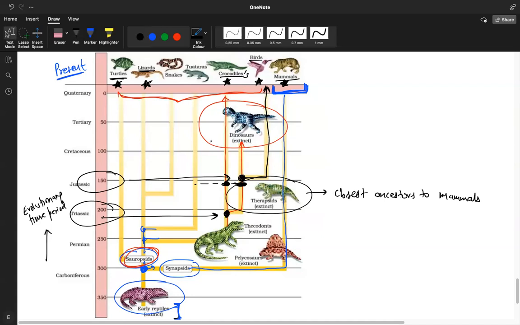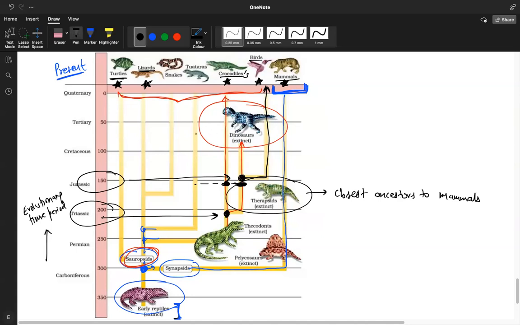Humans and chimpanzees both are mammals. Humans and rats are also mammals. Cows, goats, buffaloes are also mammals. Yes or no? So you can understand that it's not just a linear line. There is not only one mammal. Similarly, there is not only one species of crocodiles.